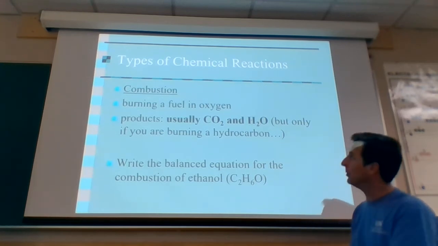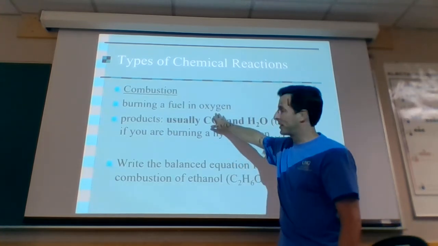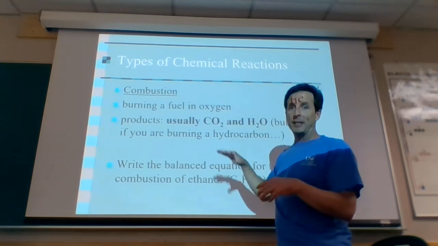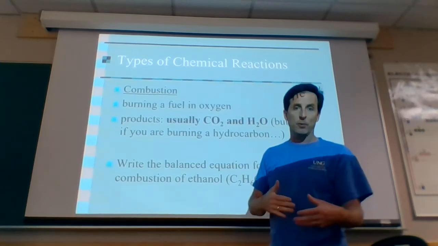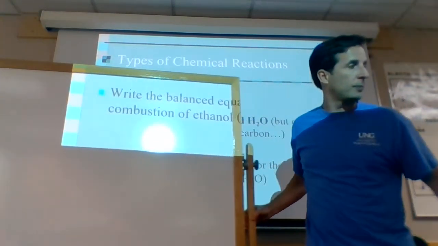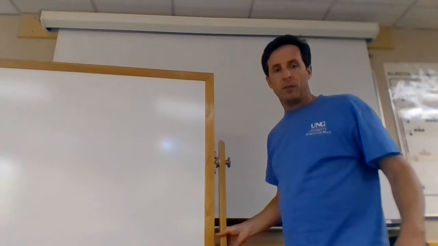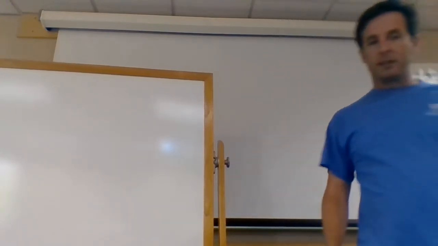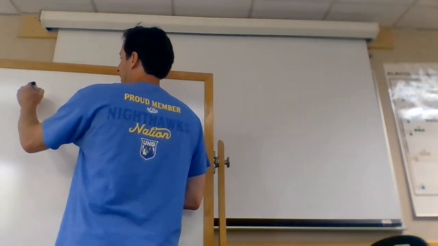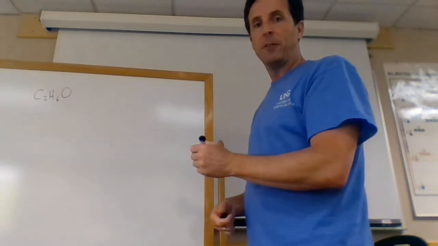Now our keys, when we do this, we're always going to have the fuel, we're always going to add oxygen as oxygen gas, so that's going to be O2, and then we're going to make the oxide of the elements in our fuel. So I'm going to pull my screen over. So I've got C2H6O as my fuel.